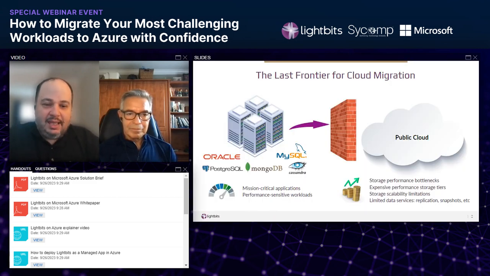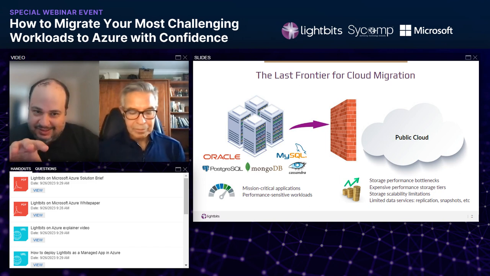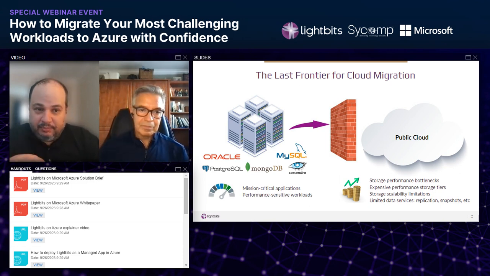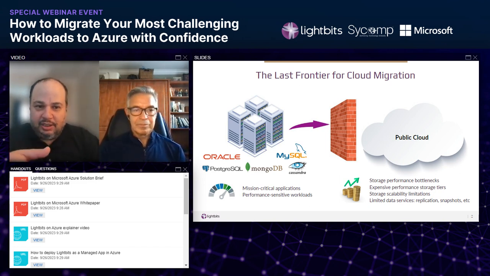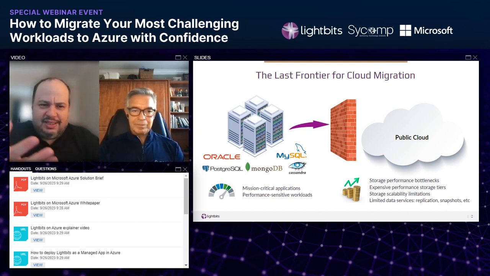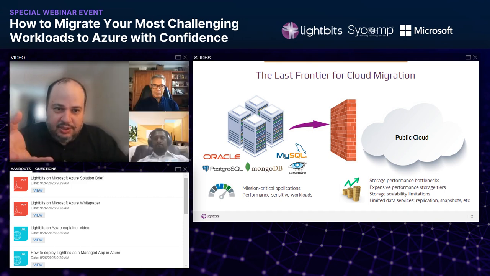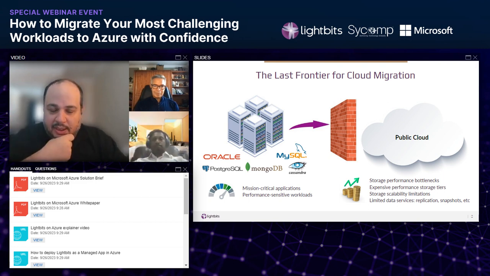We see that many workloads are being migrated to the cloud, but a big portion of them are still stuck on-prem. Those are the legacy workloads Henry was referring to, typically storage-intensive applications, databases such as SQL, NoSQL, and Oracle, as Kishore was mentioning.